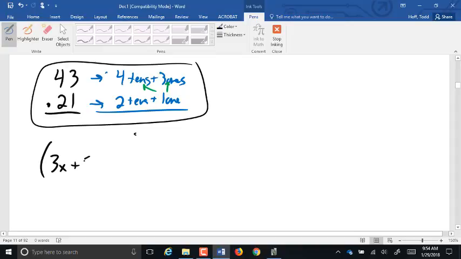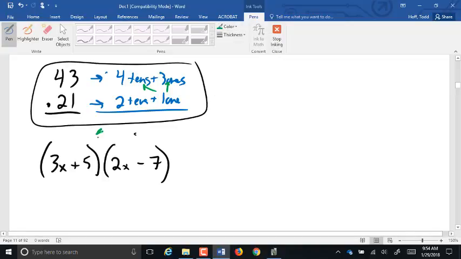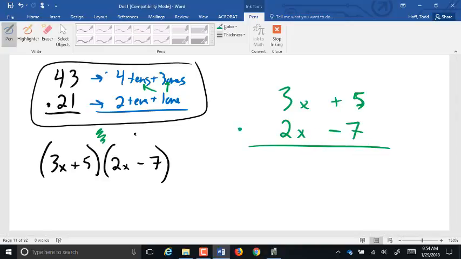We might have 3x plus 5 times 2x minus 7. The long way to multiply this out here is to write it 3x plus 5 over 2x minus 7. And we're going to multiply it out.